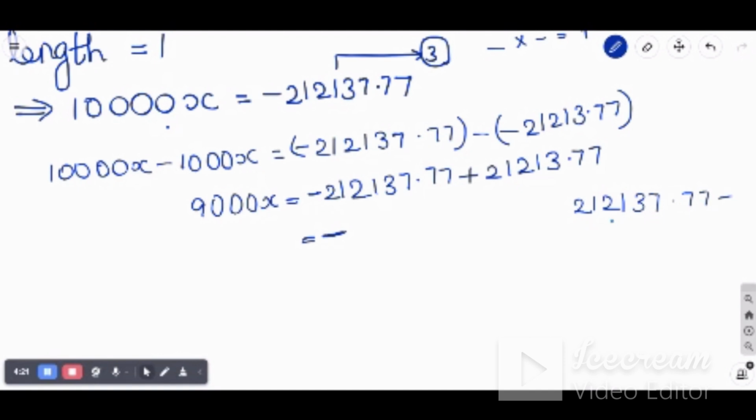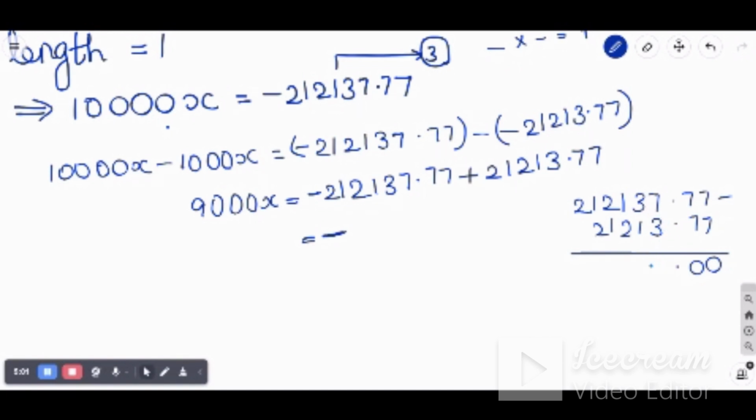The recurring part is anyway getting deleted, and then these two will be 0 and 0 and point, and this will be 7 minus 3. So what is 7 minus 3?